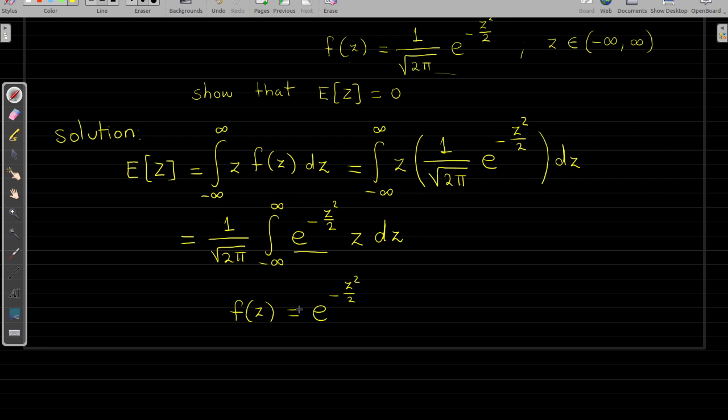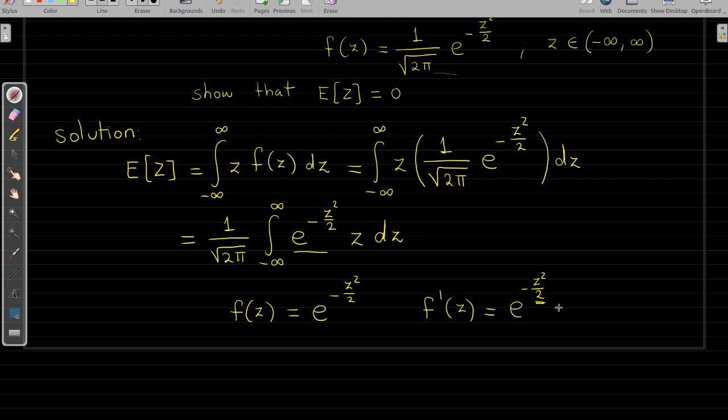What is the derivative of this expression? Let's find out. So the derivative of f of z in this case is just this exponential, let me write it down again, times the derivative of this part.